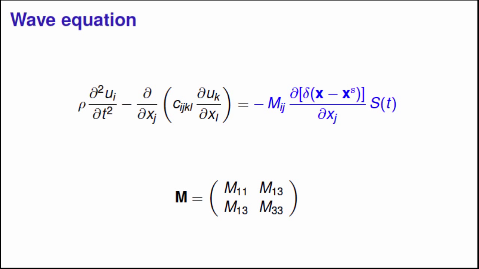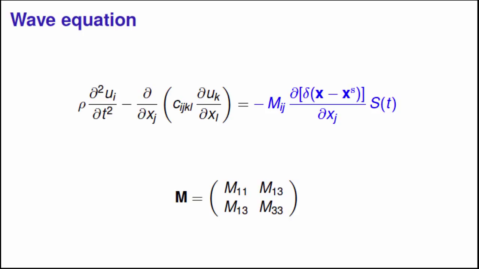So to start, this is the wave equation that we use for modeling and inversion. That is the elastic wave equation for a heterogeneous and anisotropic medium. On the right-hand side of this equation, the seismic moment tensor is represented by the letter M. In this case, we assume that seismic propagation and generation occurs in 2D, in the vertical plane defined by the coordinates x1 and x3.